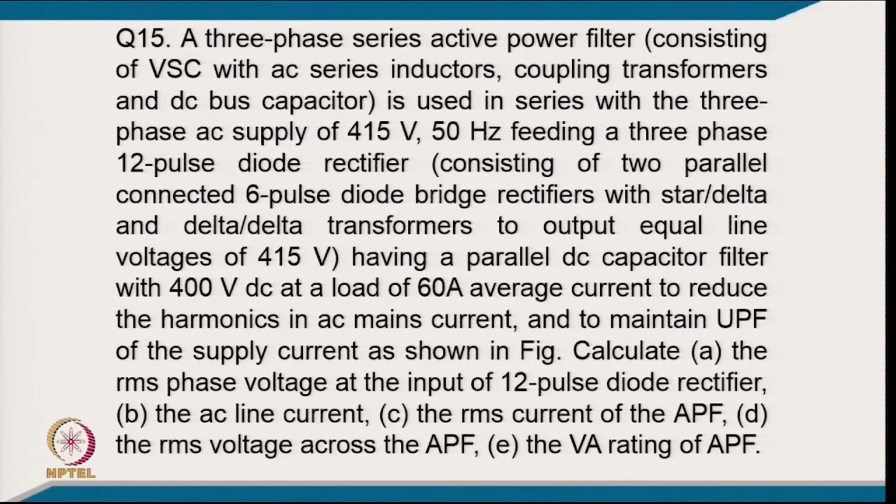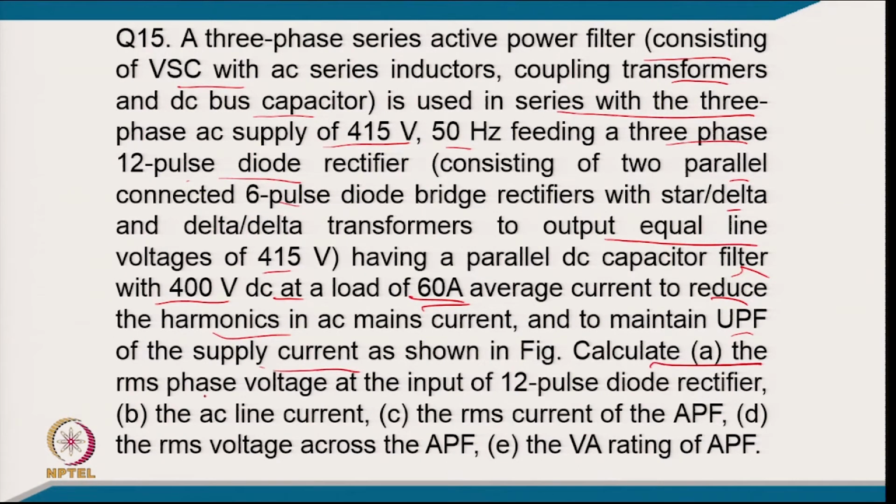So, coming to numerical problem 15: a 3-phase series active power filter consisting of a voltage source converter with an AC series inductor, coupling transformer and DC bus capacitor is used in series with a 3-phase AC supply of 415 volt, 50 hertz, feeding a 3-phase 12 pulse diode rectifier consisting of 2 parallel connected 6 pulse diode bridge rectifiers with star delta and delta delta transformers, with output equal to the line voltage of 415 volt, having parallel DC capacitor filters with 400 volt DC at a load of 60 ampere average current, to reduce the harmonics in the AC mains current and to maintain unity power factor of supply current, as shown in the figure.